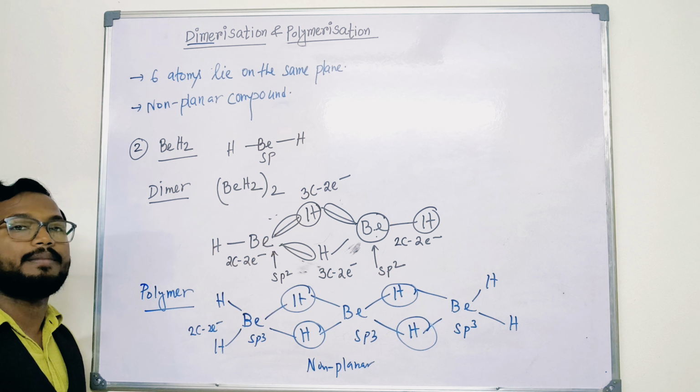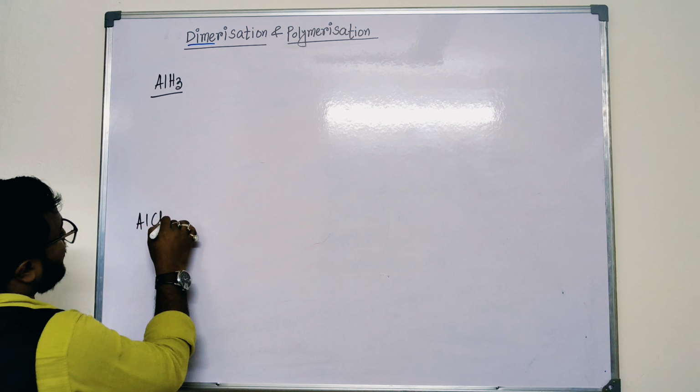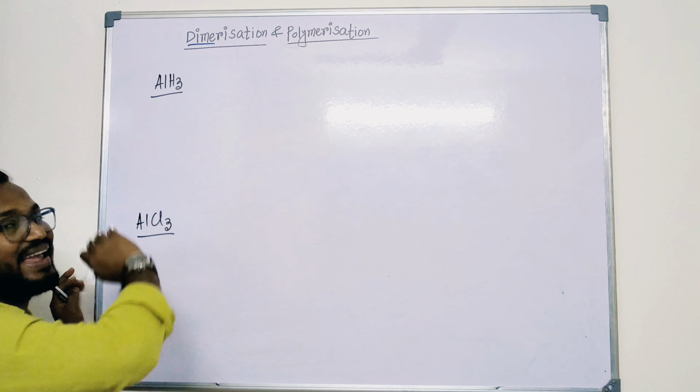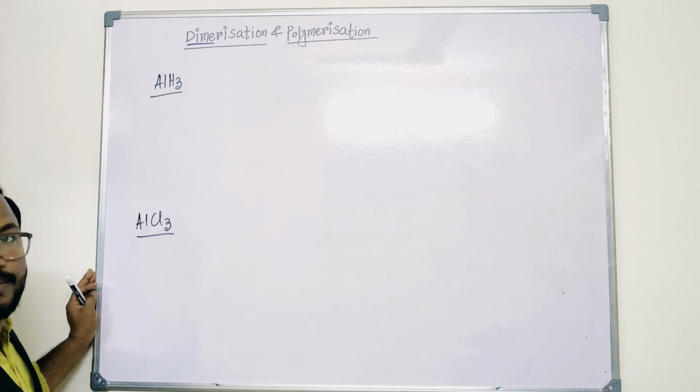Let us consider AlH3 and another compound, AlCl3. For AlH3, the representation is aluminium connected with 3 hydrogens.